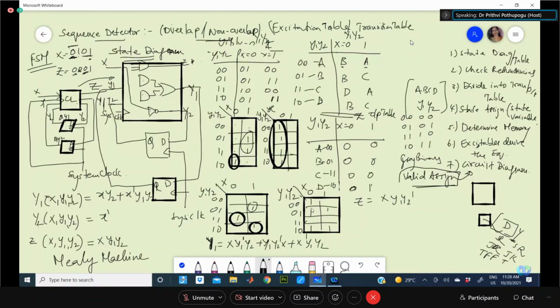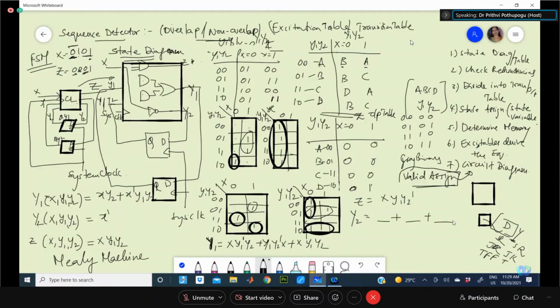So you can take these two. You can take these two. Okay. And this can be taken with this one or these two can be taken. So the equation of y2 you get is a little bit more complex than the other assignment. The number of terms you are getting is 3 minterms.